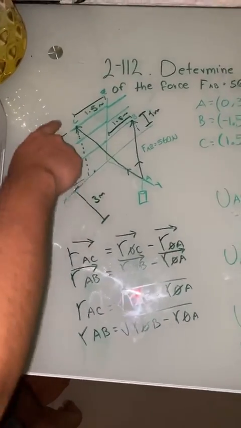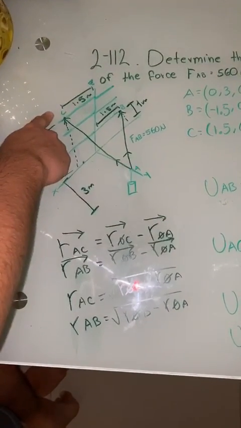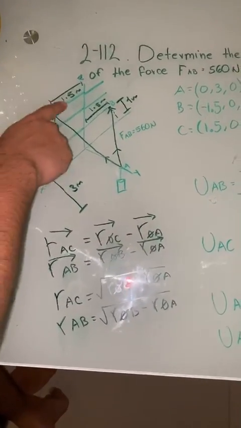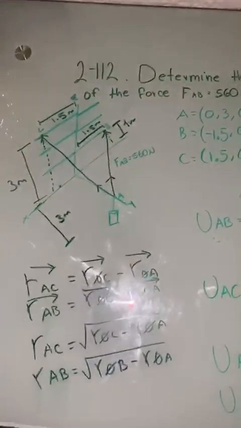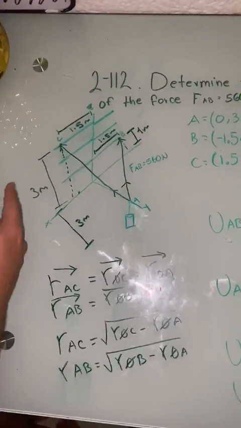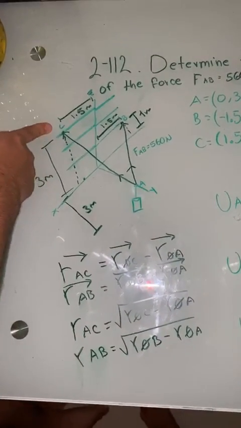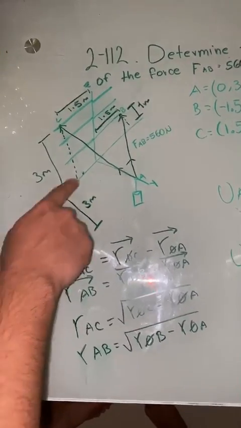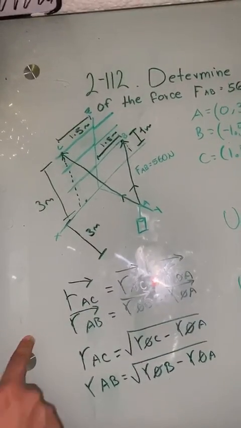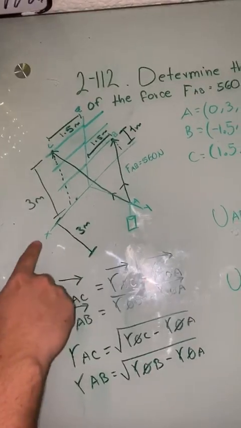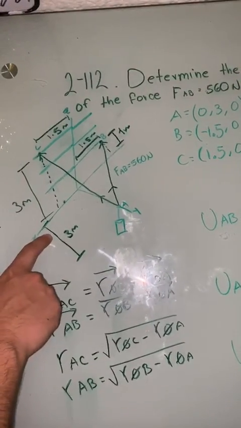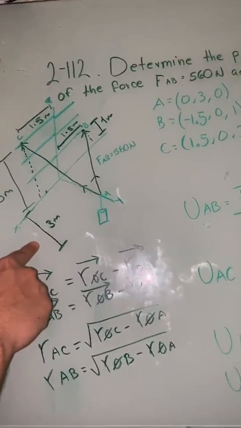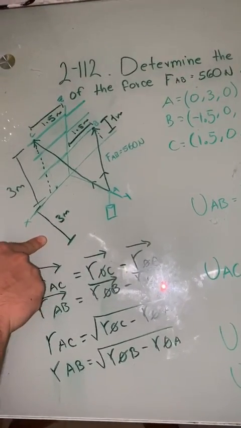The point C, with respect to the axis Z, is 1.5 meters. The point C, with respect to the axis X, is equal to 3 meters. The axis X with respect to the point A is equal to 3 meters.